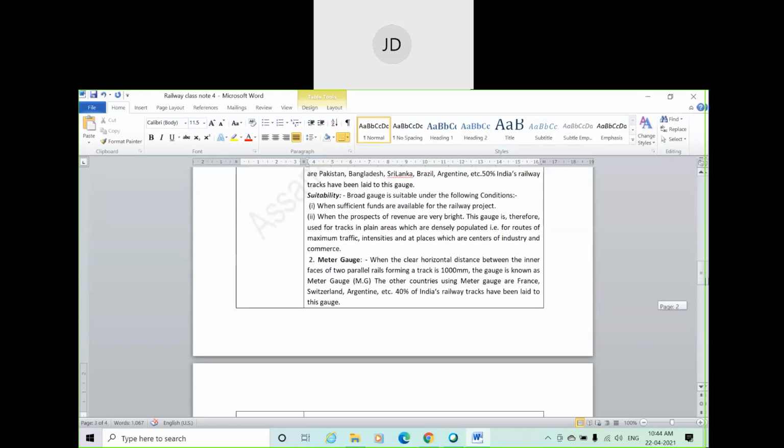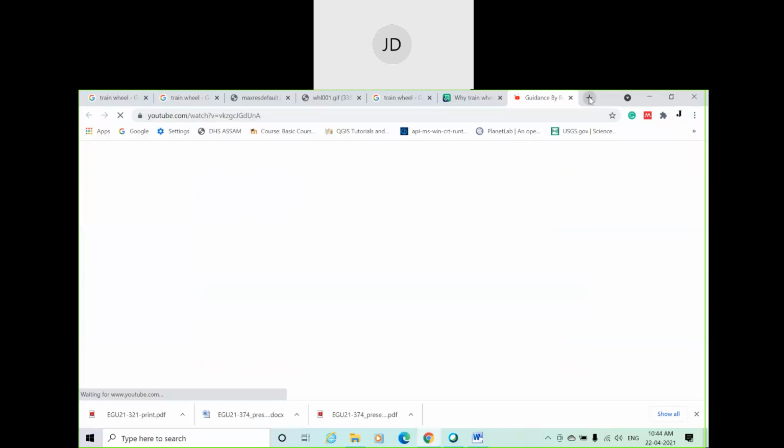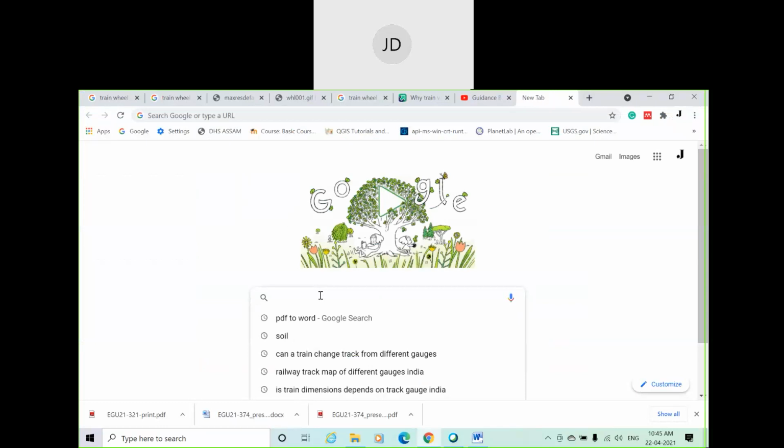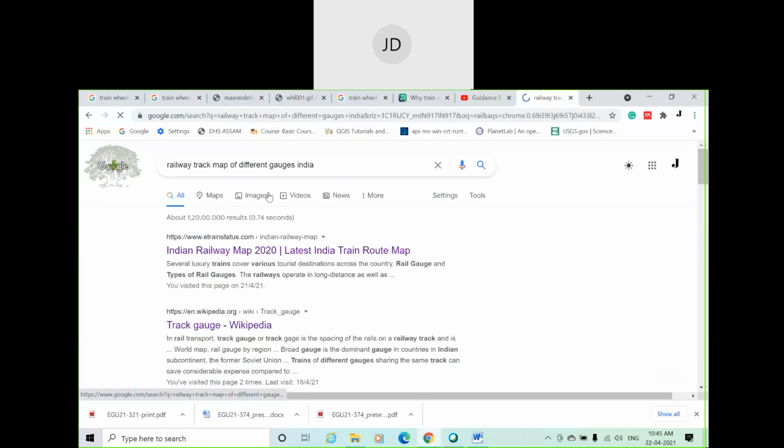Okay. So if I give you a map of Indian Railway, let me give you. Let's wait. I'll show you one map.